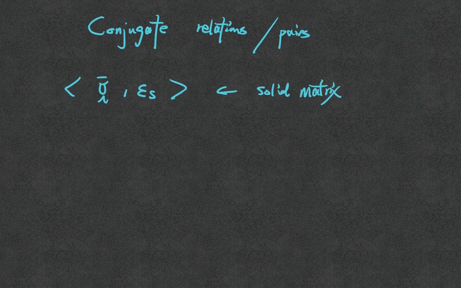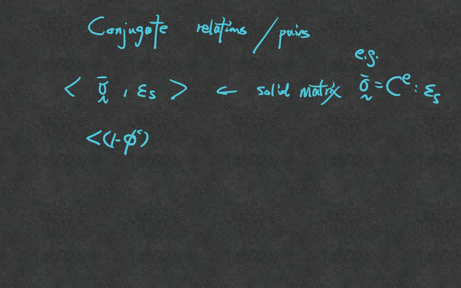Okay, so typically what we do is that we say epsilon s double dot c e equals the effective stress, for example, but it can also be a nonlinear relationship, a hyperelastic energy functional, a plasticity model, etc. Another one that is actually new is this relationship: one minus the volume fraction of water times the suction s, which is the difference between the water and air pressure, times the degree of saturation.